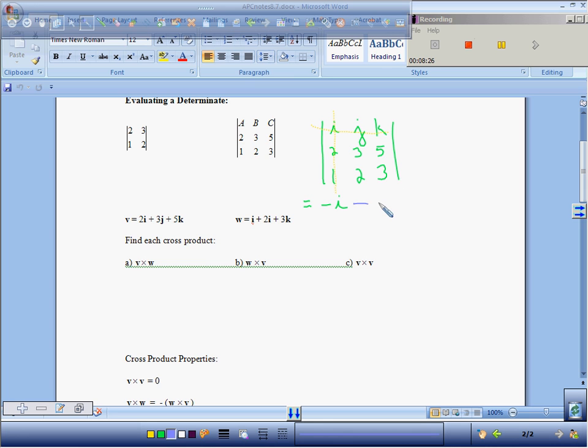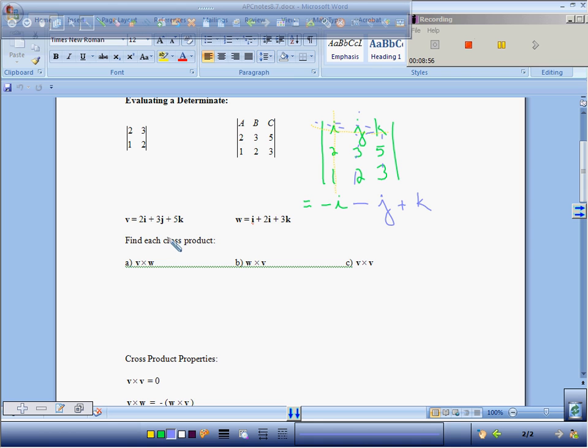So that's just minus 1j, right? When I cross out this and this, and then I cross out this, I get plus something k, and it's going to be 4 minus 3k, so that's just plus k. So this would be the vector that is perpendicular to these two vectors in space.